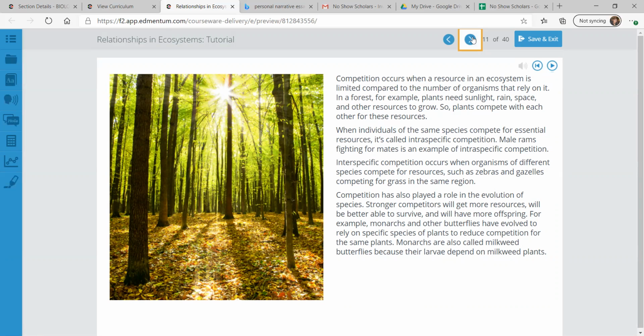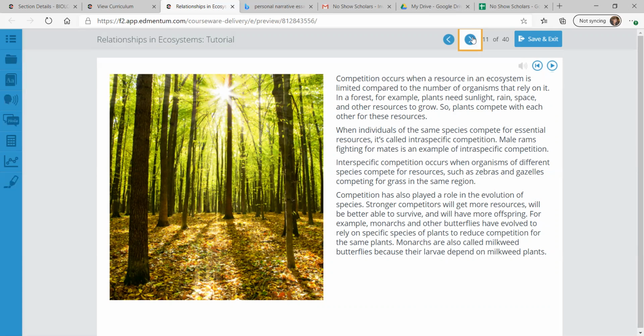When an individual of the same species competes for essential resources, that's intraspecific. An example here, male rams fighting for mates is an example of intraspecific competition.